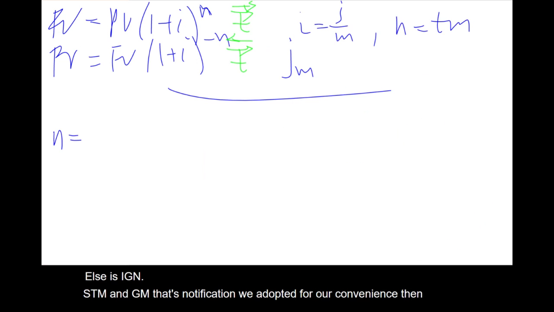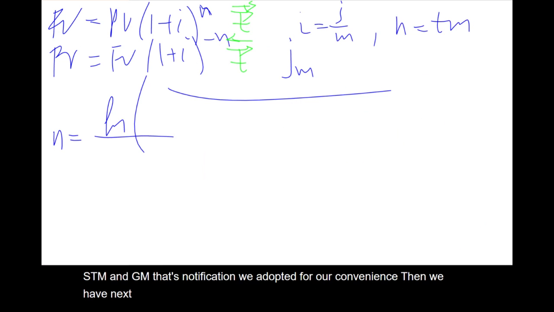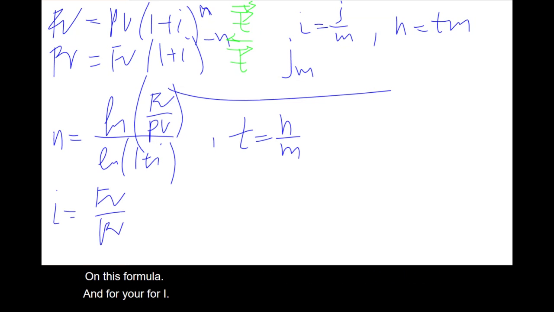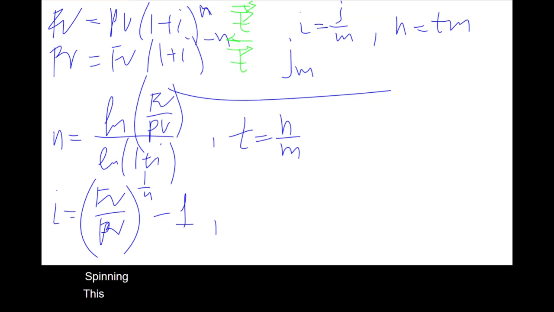Then we have a few more formulas. One is for N. This formula pairs with this formula. And the formula for I, that's PV minus 1. This formula pairs with this formula.